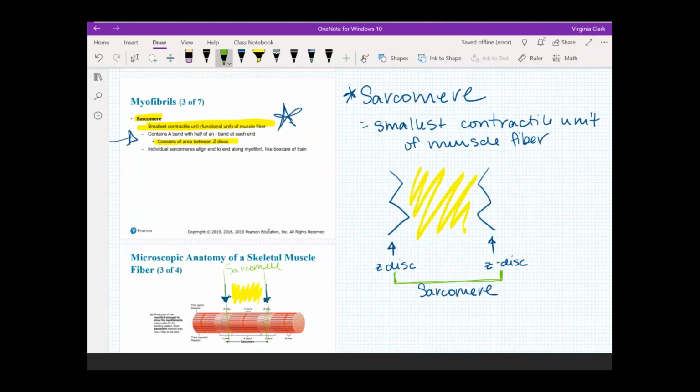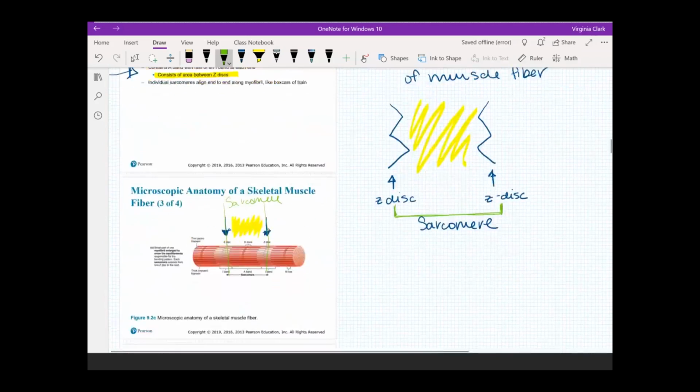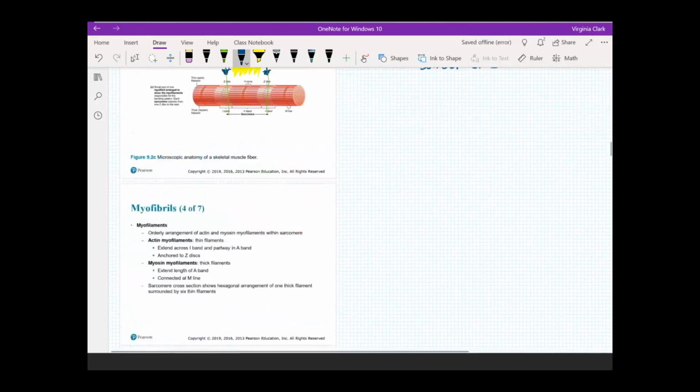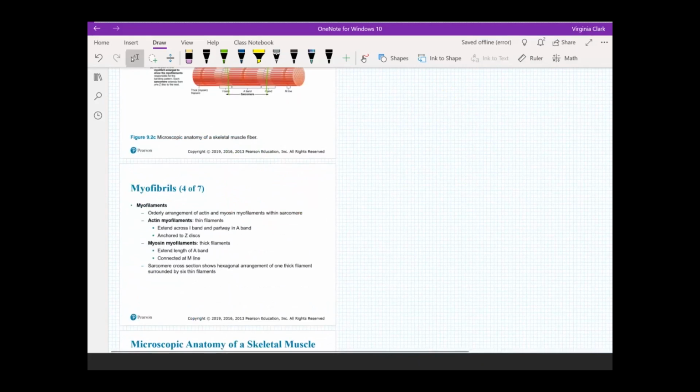Now we're going to figure out what the stuff in the middle is and what makes that up. Along your skeletal muscle fibers, you're going to have Z discs all the way down, and those create some of the organization for our myofibrils. Our next section is talking about our myofibrils and their organization.